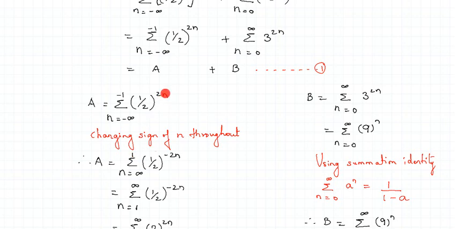And here I have n, so I need to change its sign. It becomes minus 2n. So we have changed the sign of n throughout. Hence the limits which were negative are now positive, and the power of n which was positive is now negative. So why did we do this? So that we could apply the summation identities.